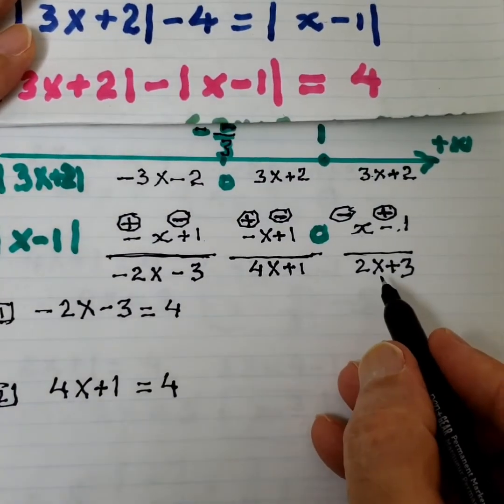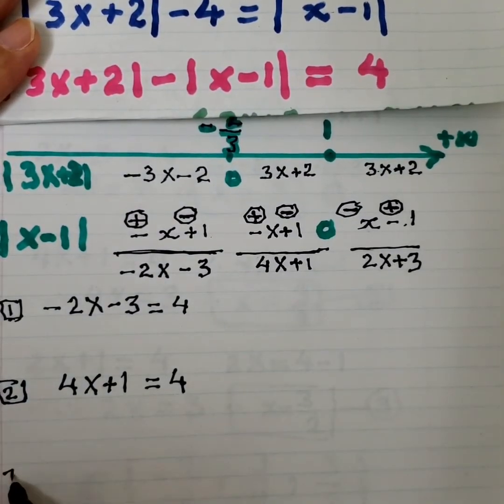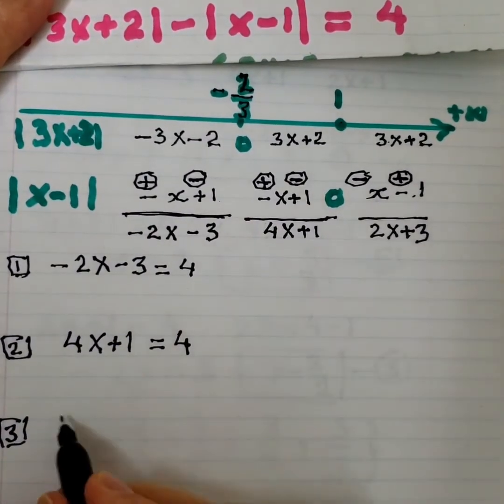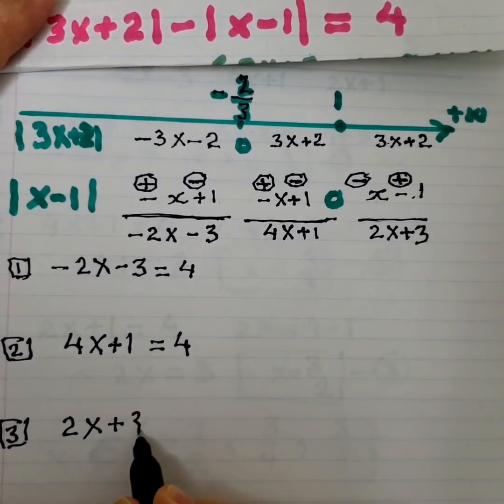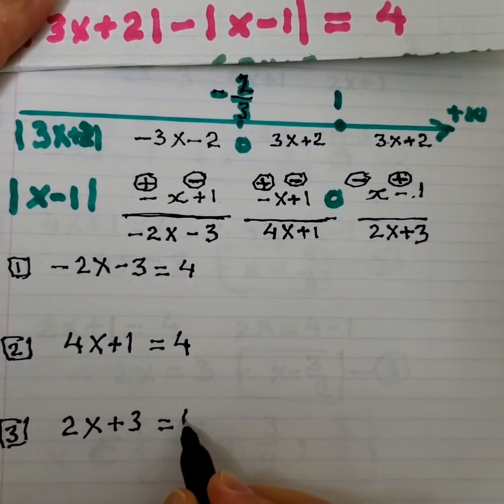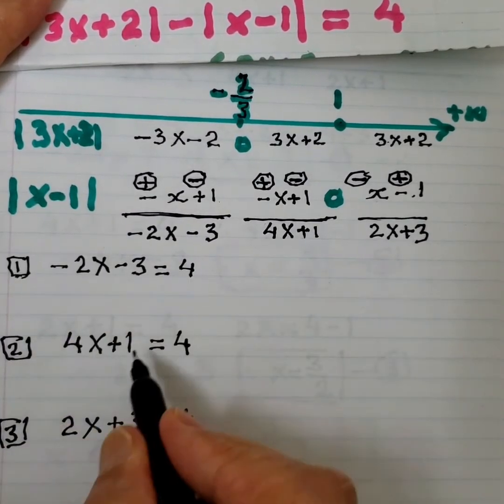The third rule, for the third interval, 2x plus 3 is equal to 4. And I'll try to solve each equation here.